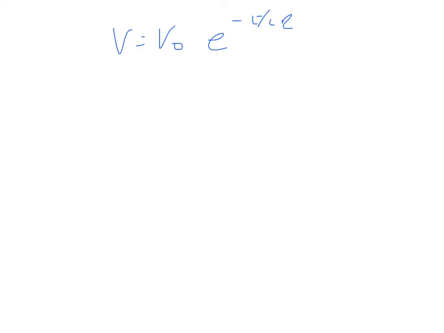We can rearrange this equation because if I take natural logs on both sides, we get the following: ln V equals ln V naught minus t over CR. So if you have to work out the time value on here, we can work out time value or the CR value. Most questions come up asking either for C or R for the value here.